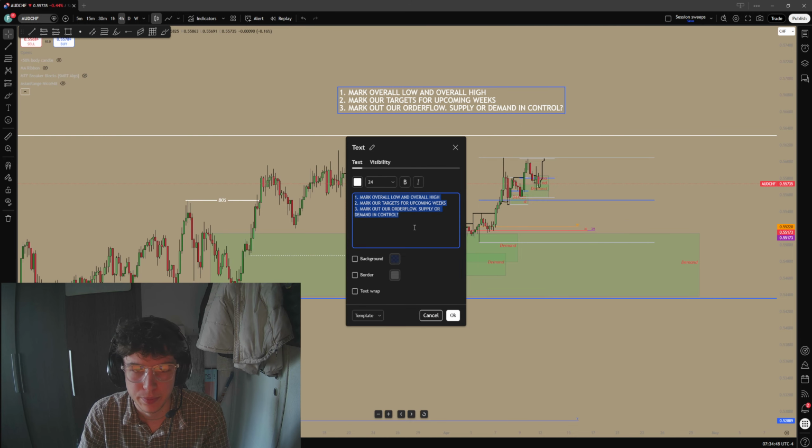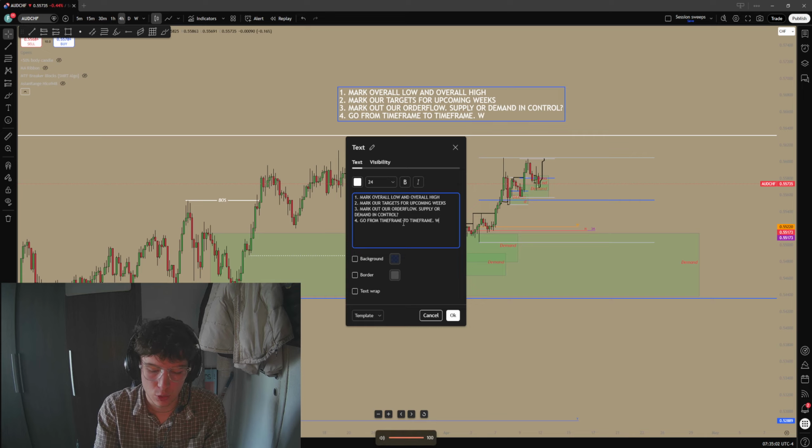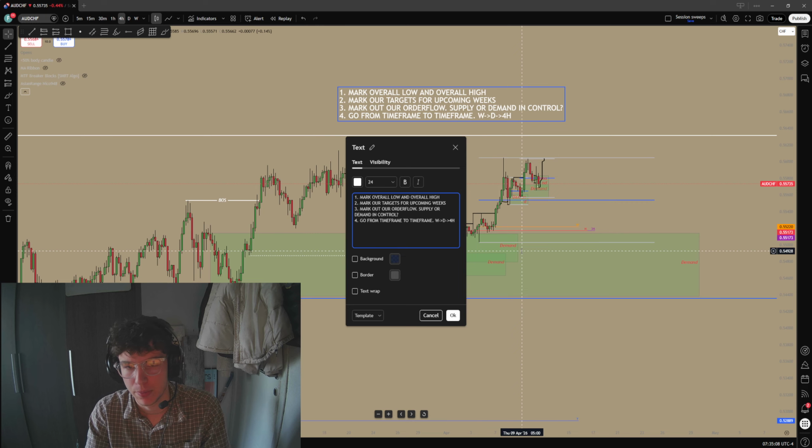Now, the fourth step is to go from time frame to time frame. In my case, I use the weekly towards the daily towards the 4 hour, and then maybe the 1 hour.